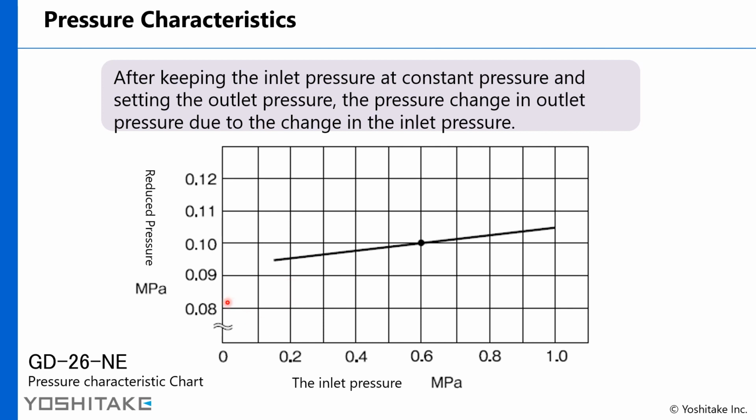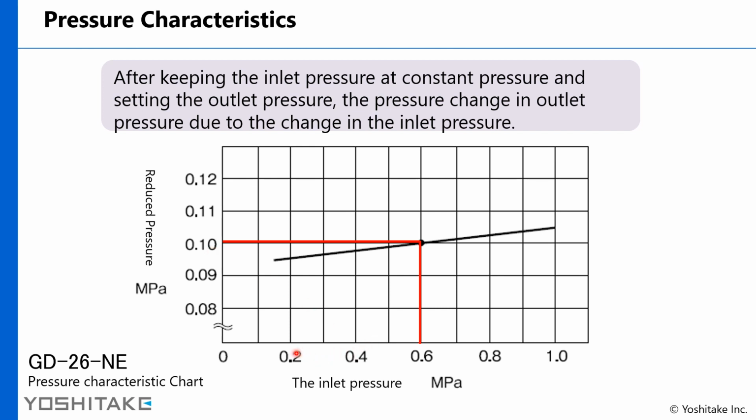So this is the pressure characteristic chart of GD26NE. The horizontal axis is inlet pressure and the vertical axis is reduced pressure. The inlet pressure is 0.6 here and the outlet pressure is 0.1 megapascal.